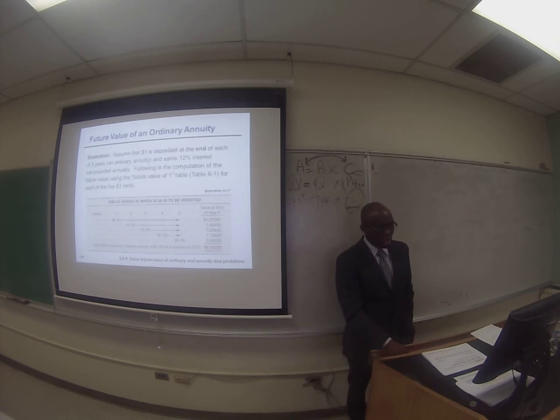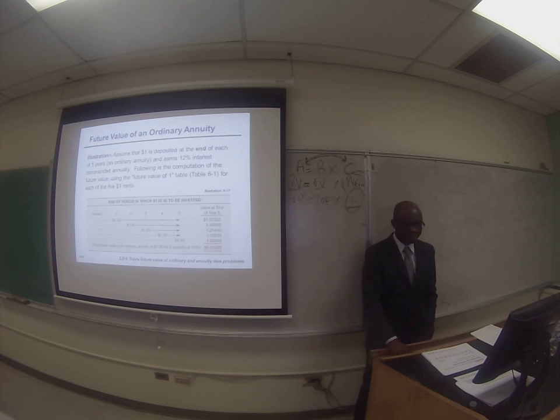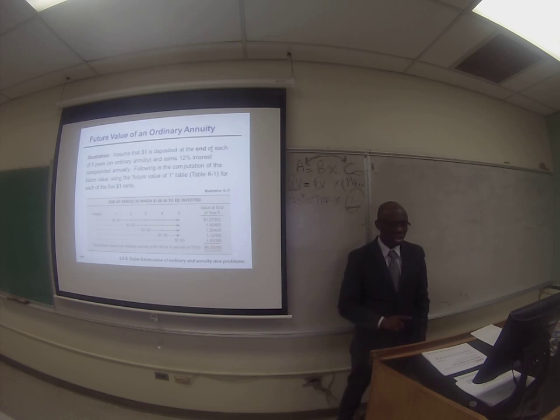So let's take a look at an illustration here. Assume that $1 is deposited at the end of each of 5 years. So that is ordinary annuity, and earns 12% interest compounded annually. Here is the computation, okay?